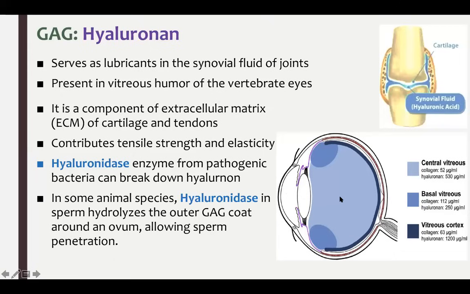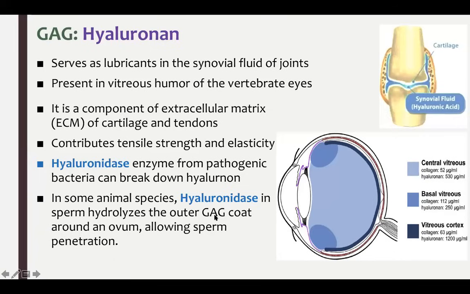You can see this gel-like substance is thick and viscous and slightly sticky. It is also present in the cartilage, that is the white part of the bone, and also in the tendon. So this hyaluronic acid provides tensile strength and elasticity.